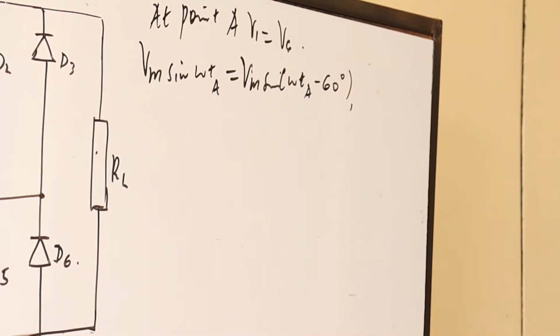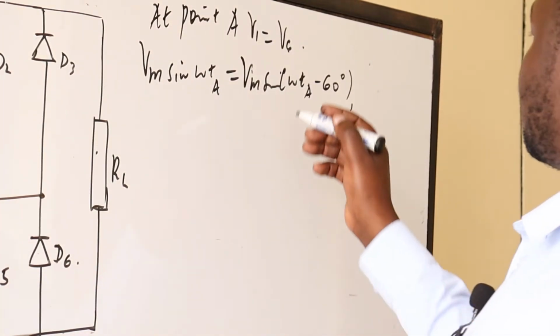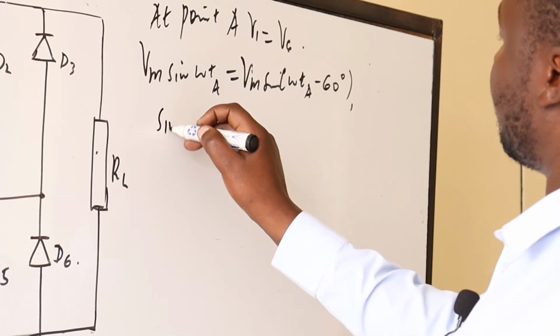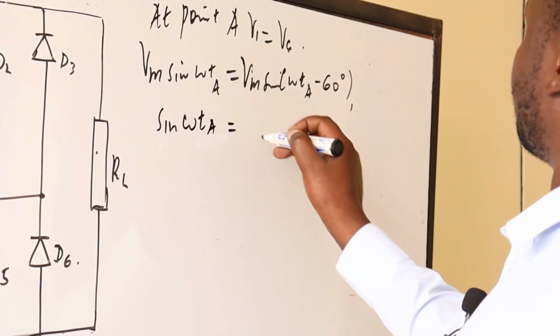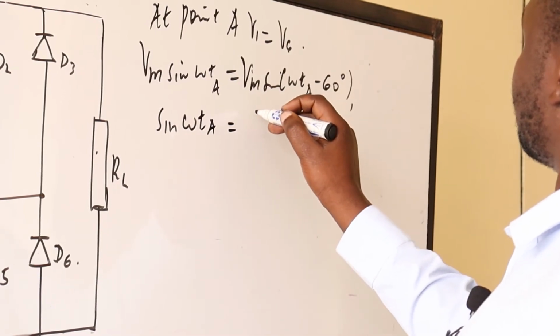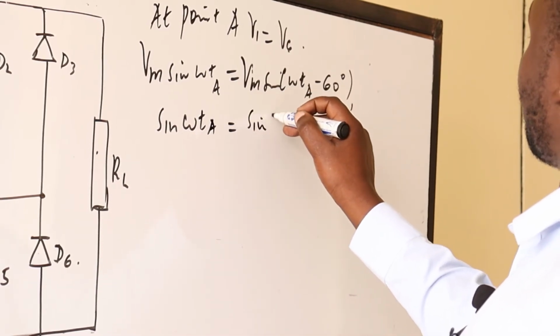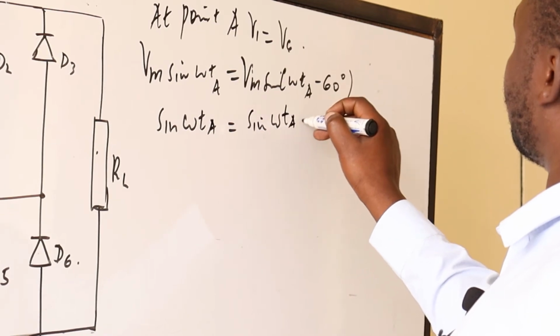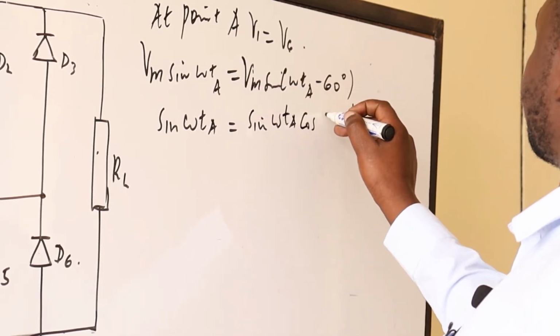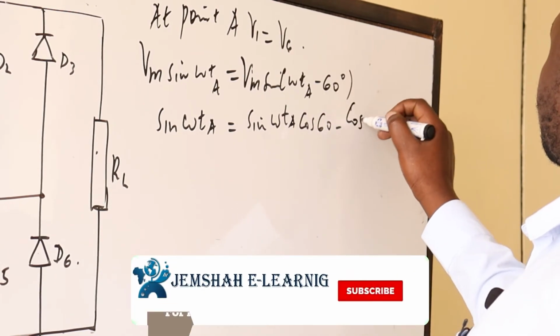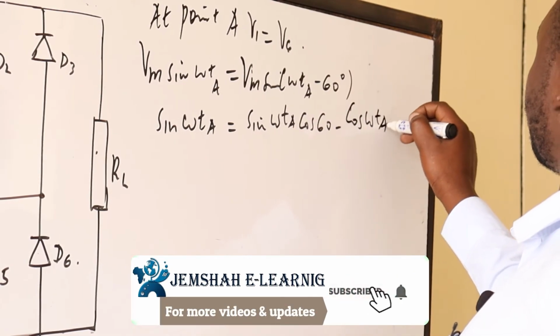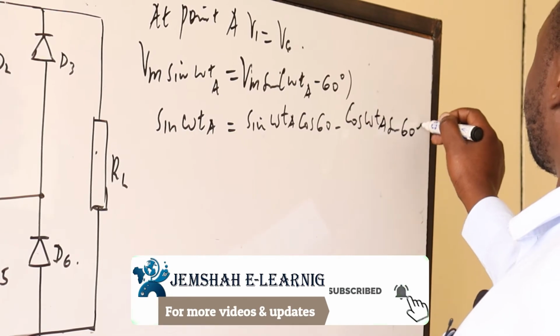So we can get the angle omega t. So we shall have sine omega t at point A equals sine omega t at point A cos 60 degrees minus cos omega t at point A sine 60 degrees.